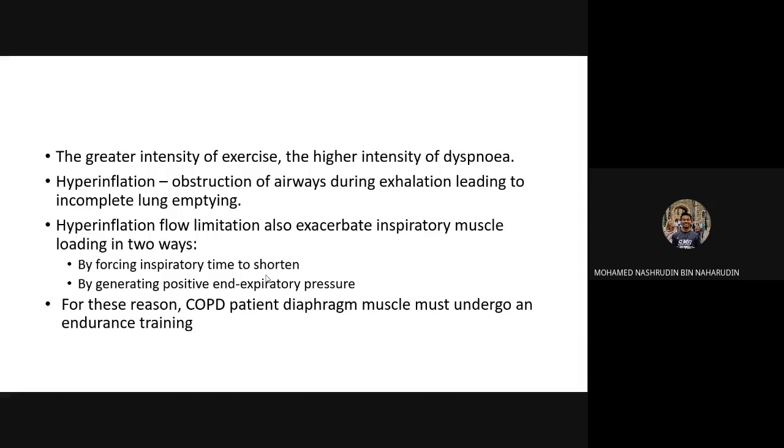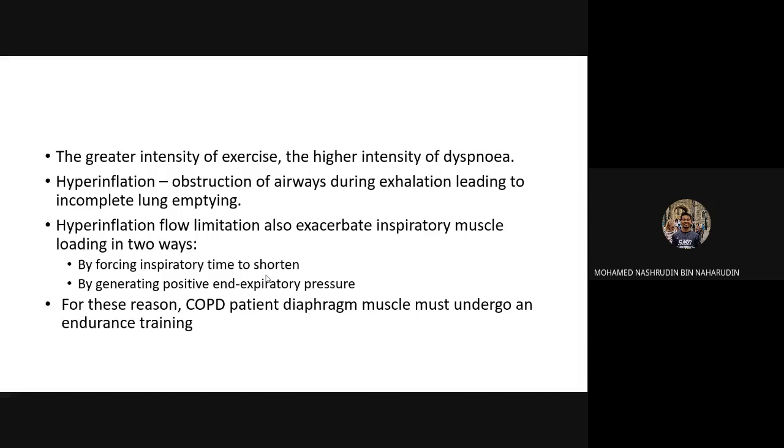And then the second one, hyperinflation will also happen by generating positive end expiratory pressure. It will increase the positive end expiratory pressure. So it means that expiration ends before all of the forces acting on the lung are in equilibrium.